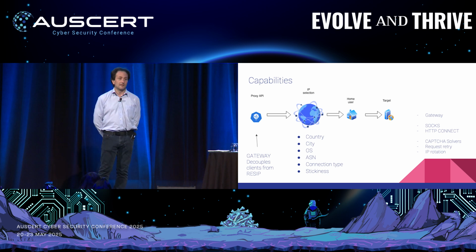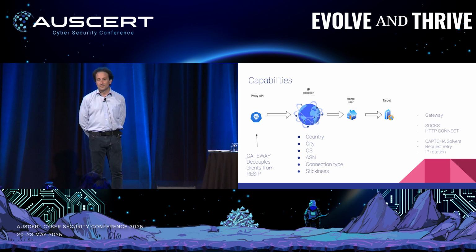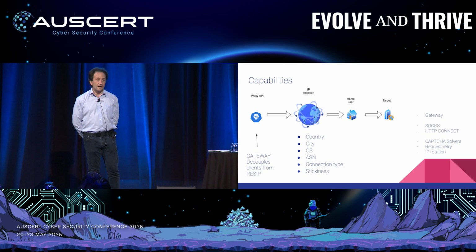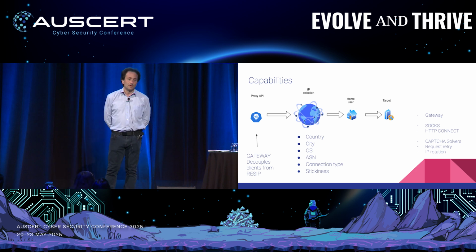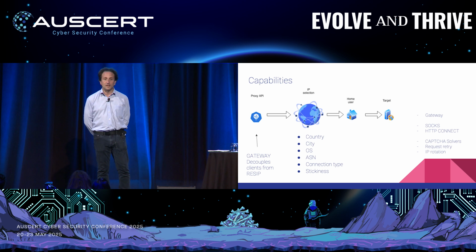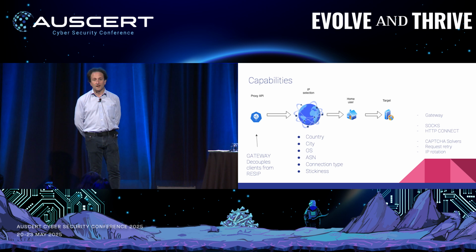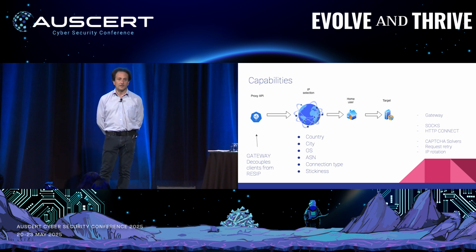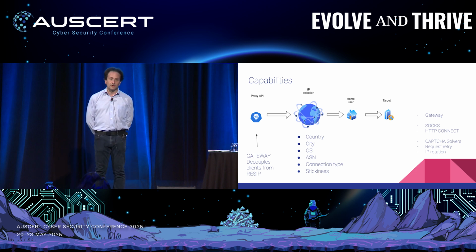That service will then pick the most appropriate IP that you require and route that through the home. They're typically exposed either as a SOCKS proxy or HTTP CONNECT, and they typically give value-added services such as CAPTCHA bypass, request retrying, and IP rotation.